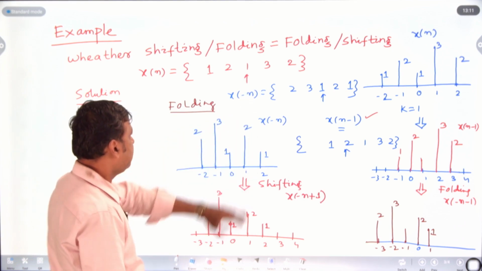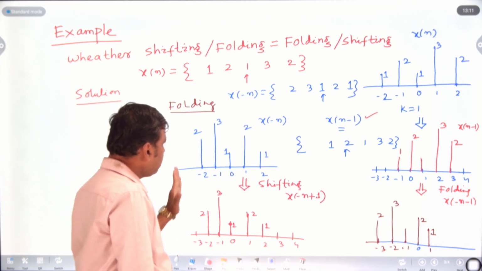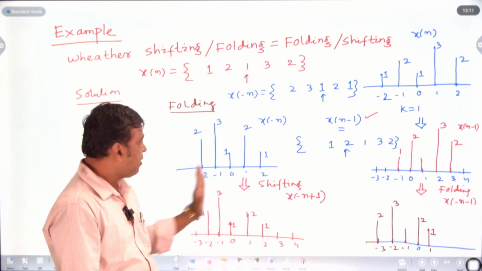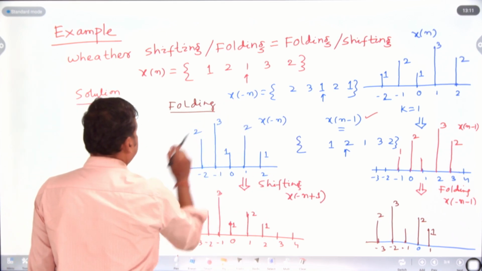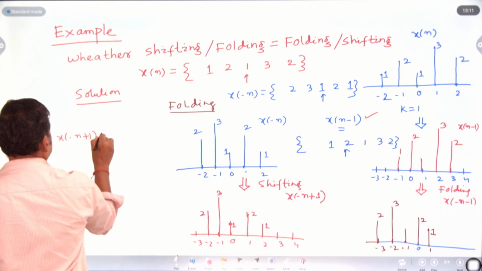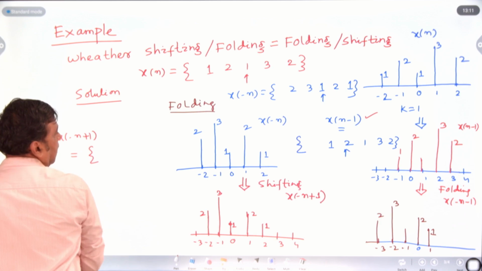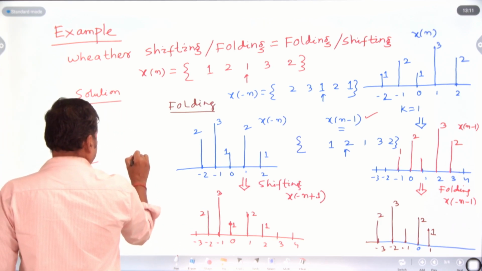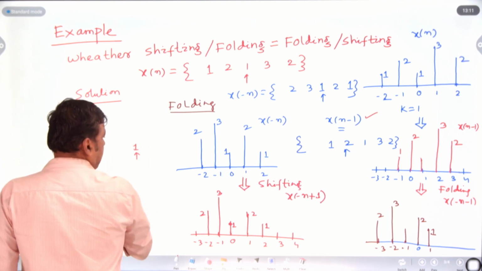If x of minus n is this, graphically each unit of sample is shifted toward the right, so it is nothing but delay. As far as sequence representation, this is x of minus n, and x of minus n plus 1 is how much here? x of minus n plus 1 is like this. That is your n equal to 0, that is 1.